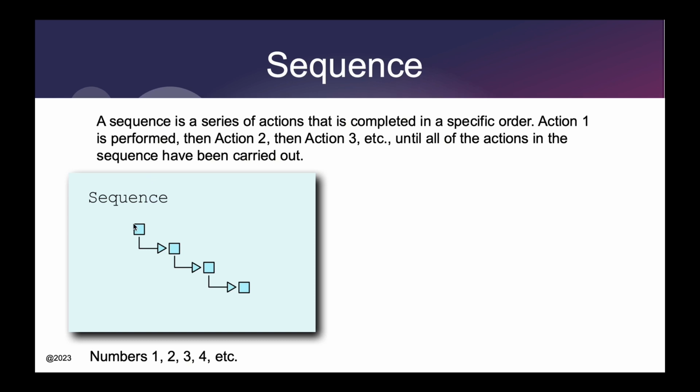As indicated in the explanation, a sequence is a series of actions that is completed in a specific order. So action A or 1 has to be performed, then action B or 2, then action C or 3, then action D or 4, until all the actions in the sequence are completed.